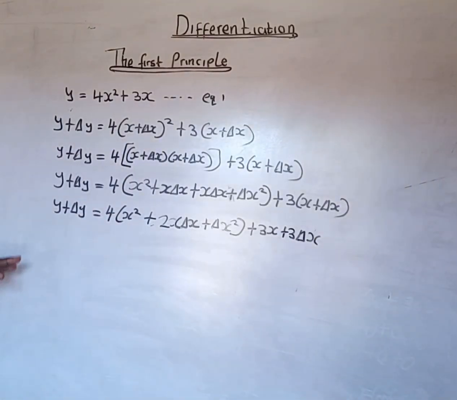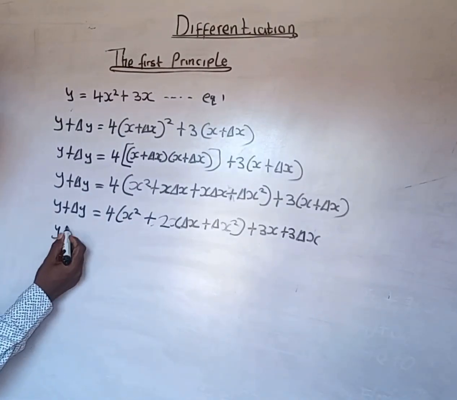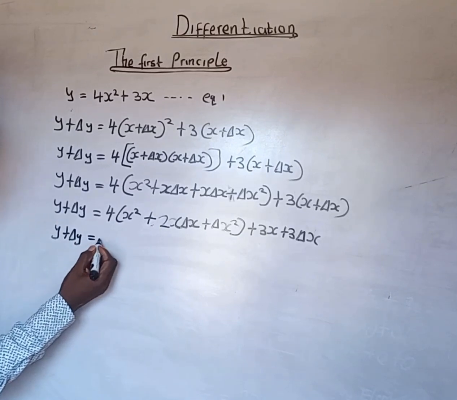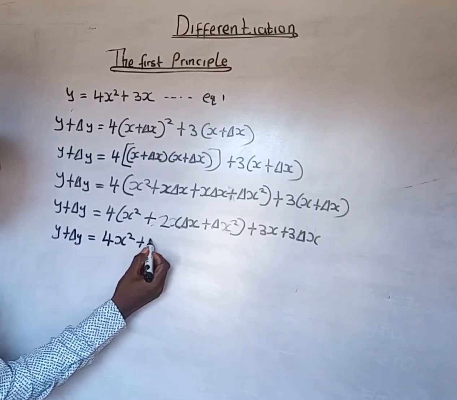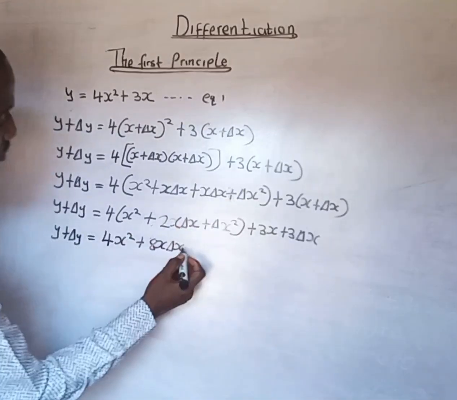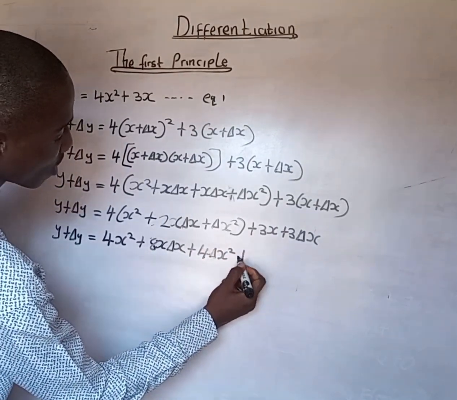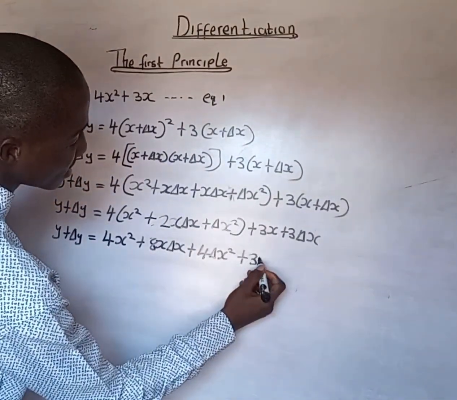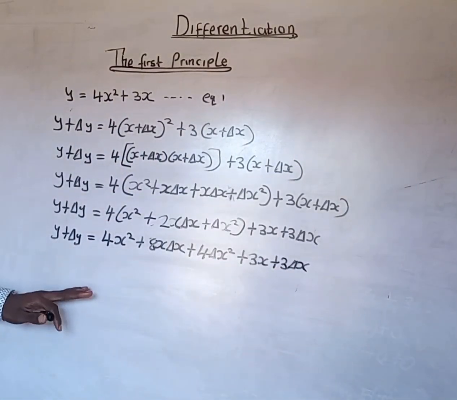Now I'm going to be opening this bracket using this 4, so I'm going to be having y plus delta y is equal to 4x squared, 4 times 2x delta x, I'm going to be having 8x delta x, then 4 times the delta x squared, so plus 4 delta x squared, plus 3x plus 3 delta x. So I've gotten this.